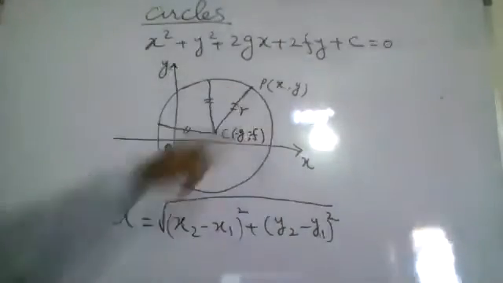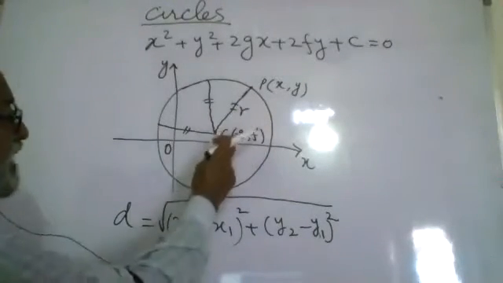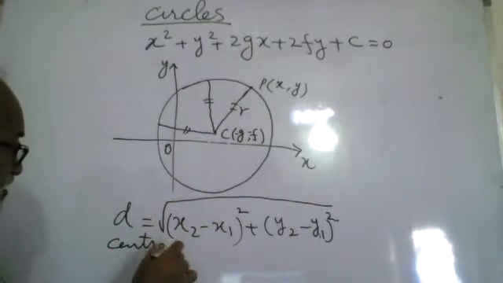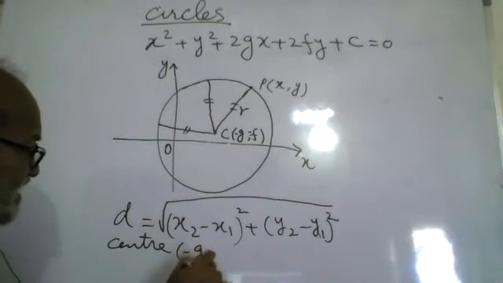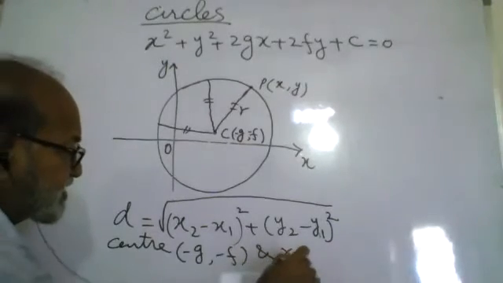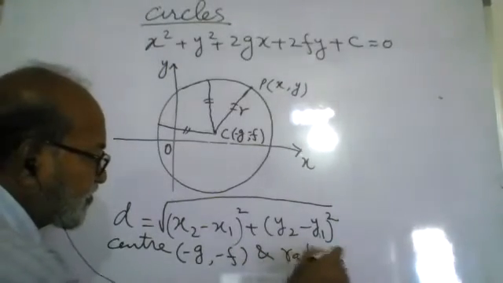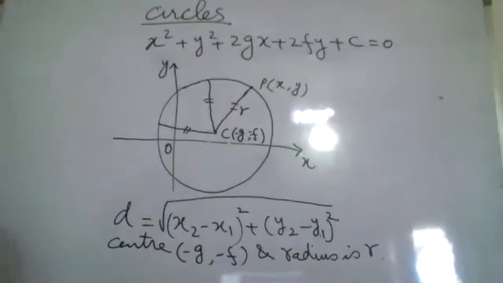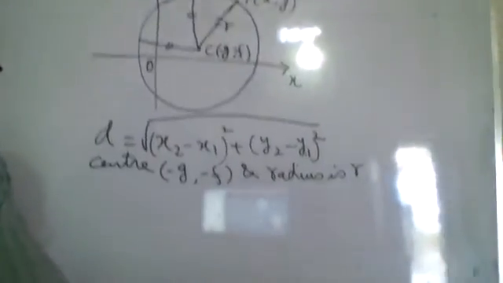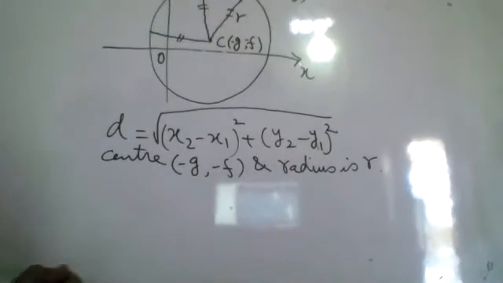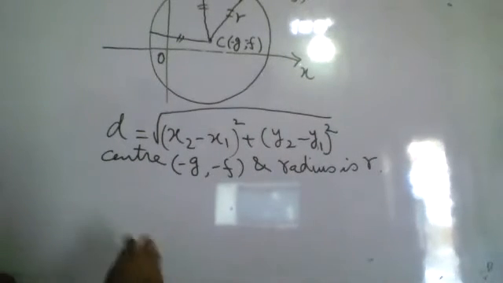We will use the same formula. If the center is minus g, minus f, and the radius is r. How to find the equation of the circle?